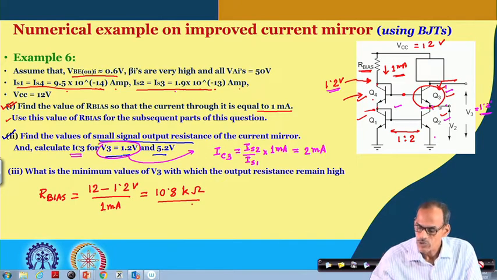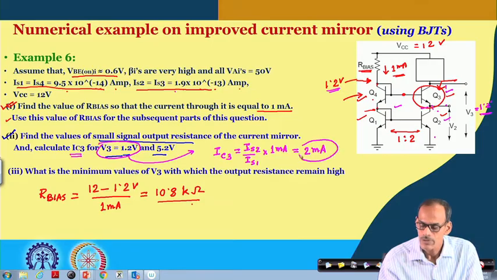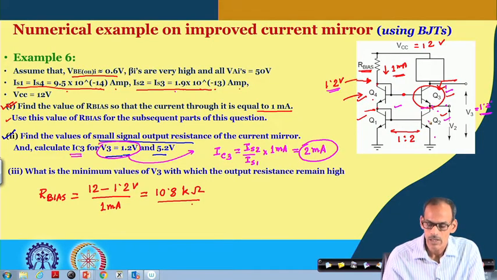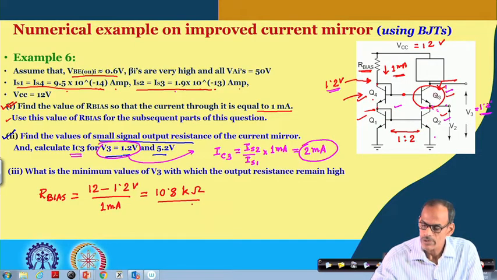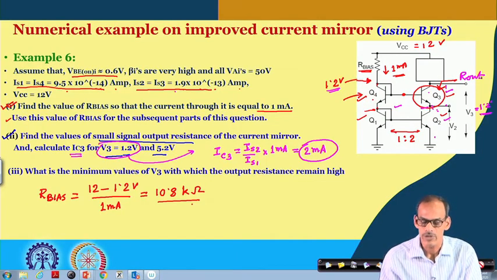Now, once we have 2 milliampere of current, we can get the value of RO and gm, and then we can find the corresponding output resistance of the current mirror.